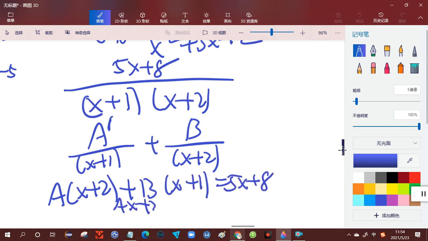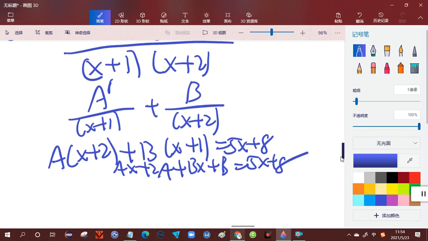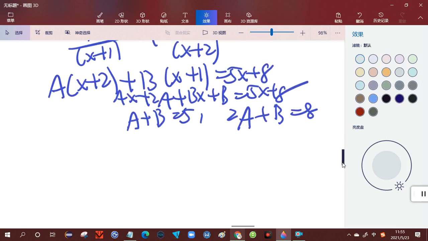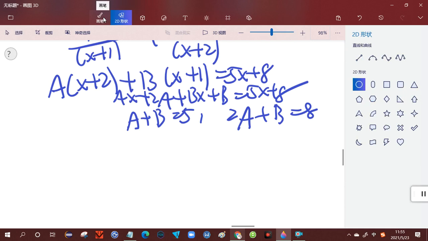Where we can then get an alternative equation that this is equal to 5x plus 8: a(x plus 2) plus b(x plus 1) is equal to 5x plus 8. So a plus b is equal to 5, while 2a plus b is equal to 8. So therefore we can draw a solution that a is equal to 3 and b is equal to 2.